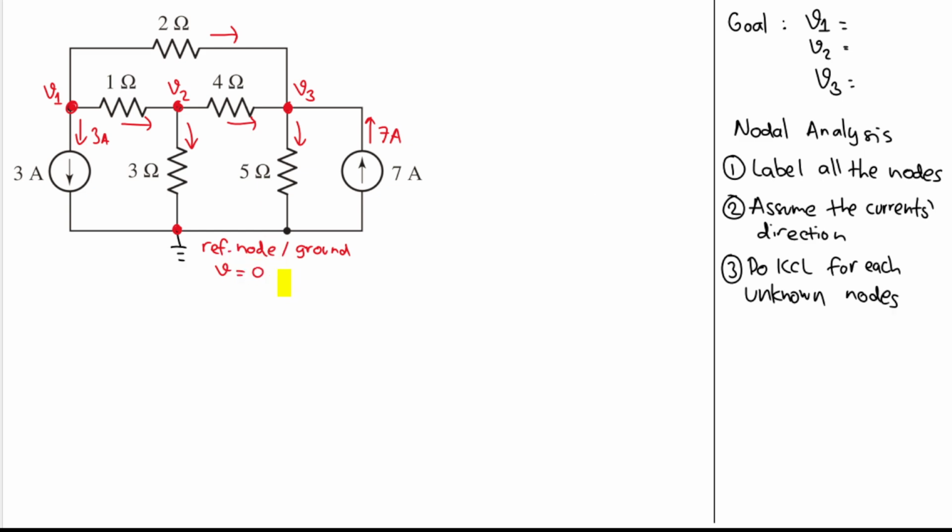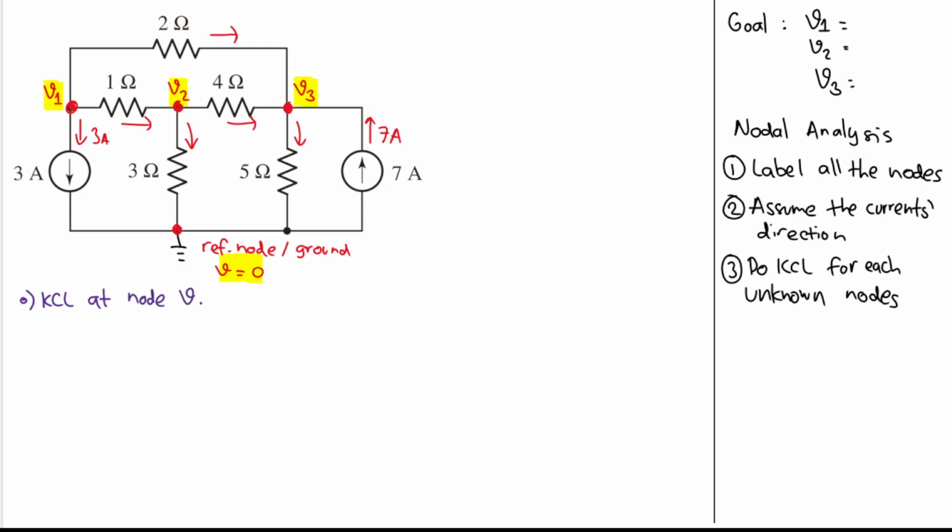This reference node, we know the value, which is 0. What I mean by unknown nodes is V1, V2, and V3, because we don't know their values yet. Let's do exactly that, starting with KCL at node 1.